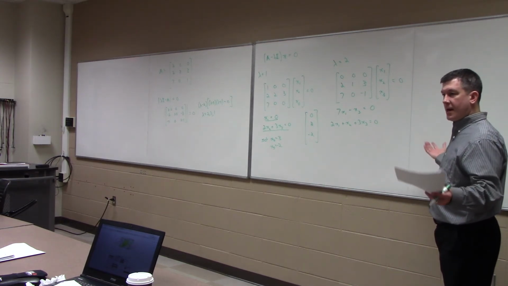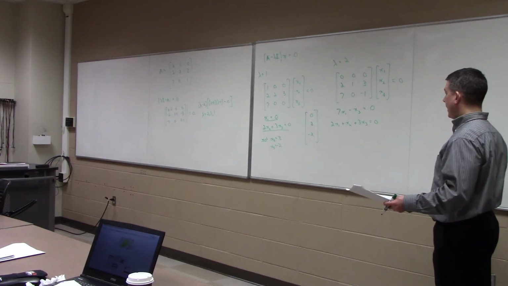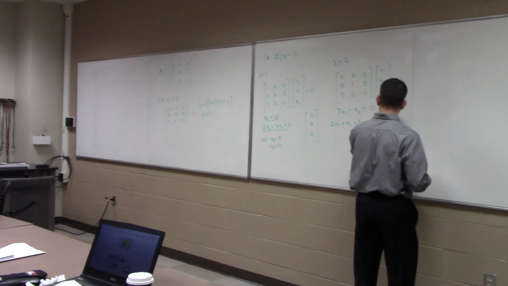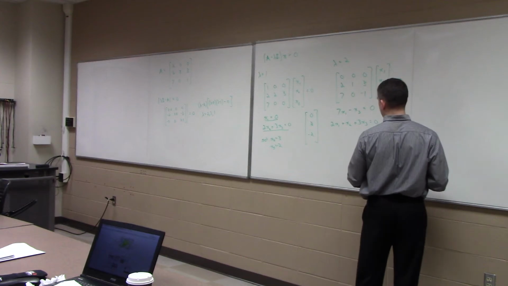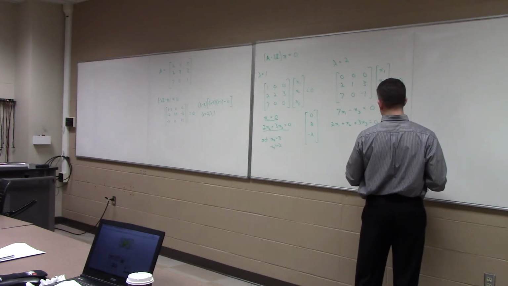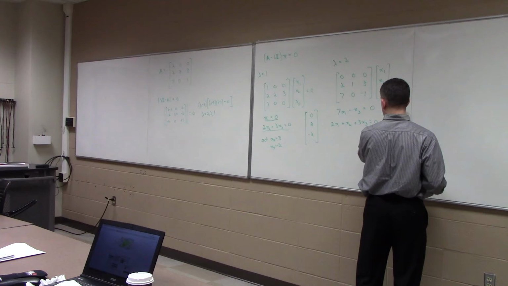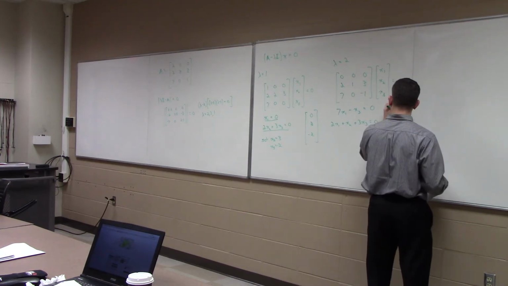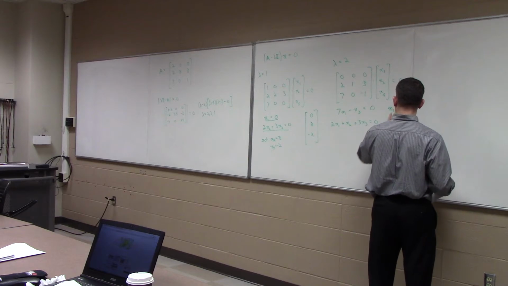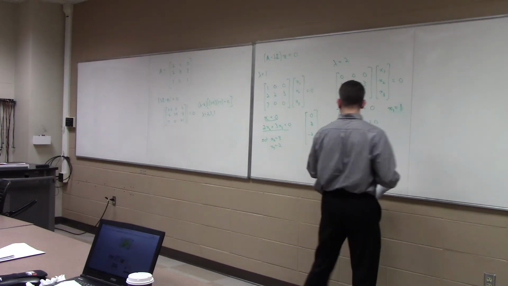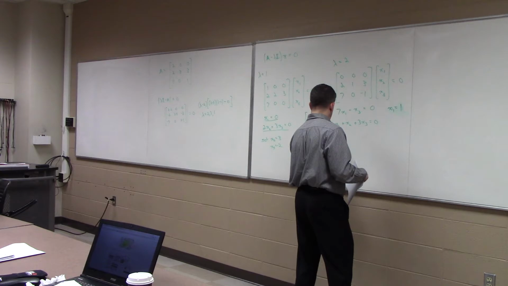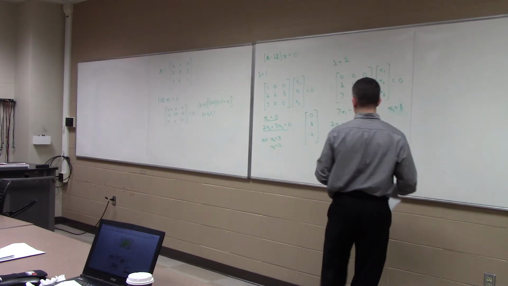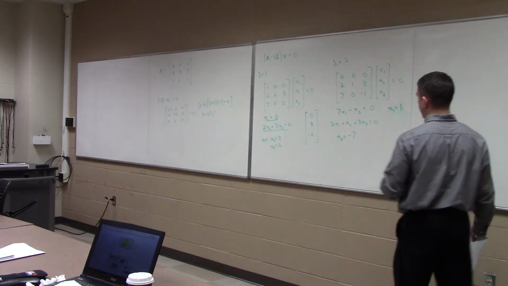And just pick anything out of the air, and I know that I can still solve for the other two. All right, so solve for x1 is equal to 0. That's not a good idea. Let's not do that. We'll say that x1 is equal to 1. So if x1 is equal to 1, x3 is equal to 7.